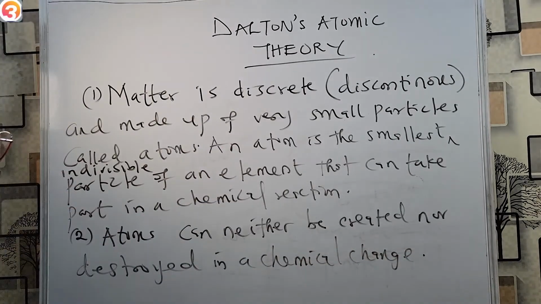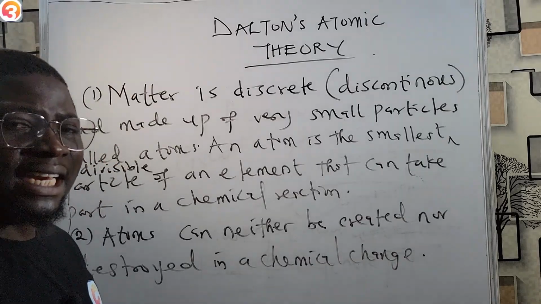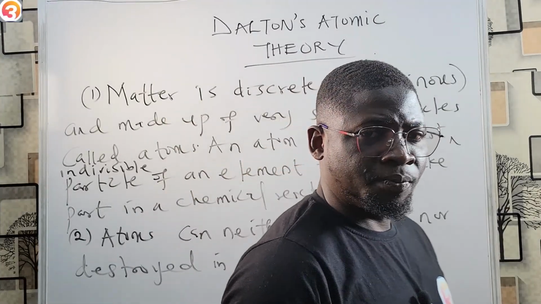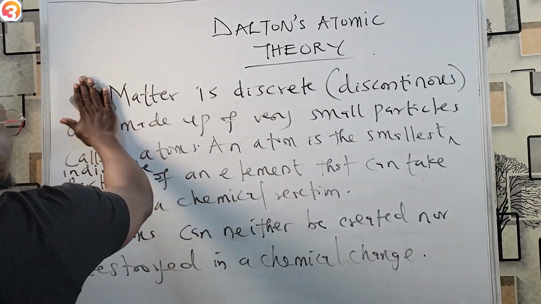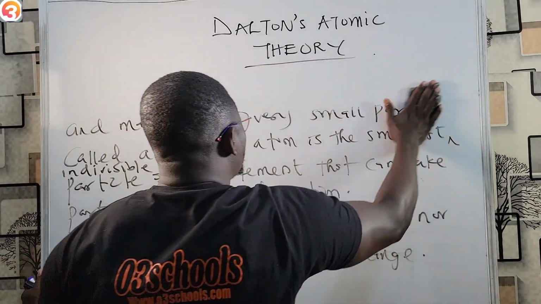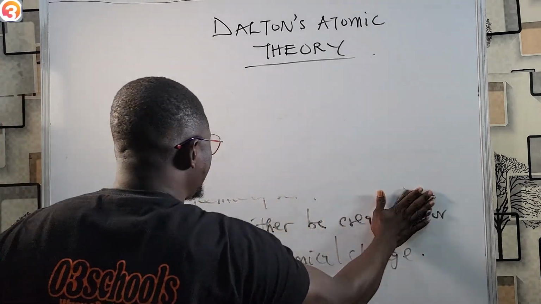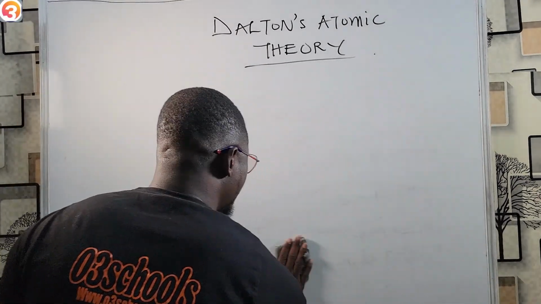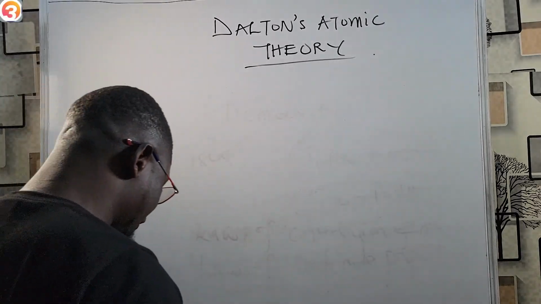All right, so number two says atoms can neither be created nor destroyed in a chemical change. So number three, the third postulate he made, let's look at number three. We're going to look at all of them, and then we're going to look at the modifications that the later scientists made to them, because he wasn't the one that made the modifications.